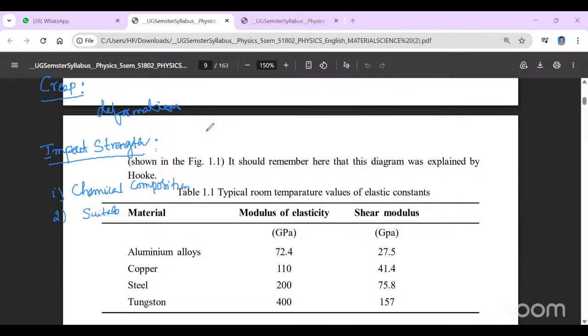That is the suitability of the material for a particular application, which we also have to check.